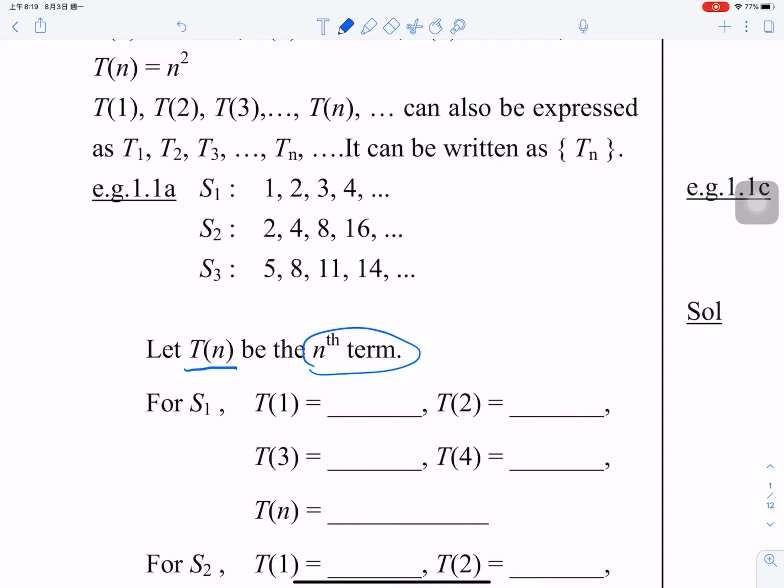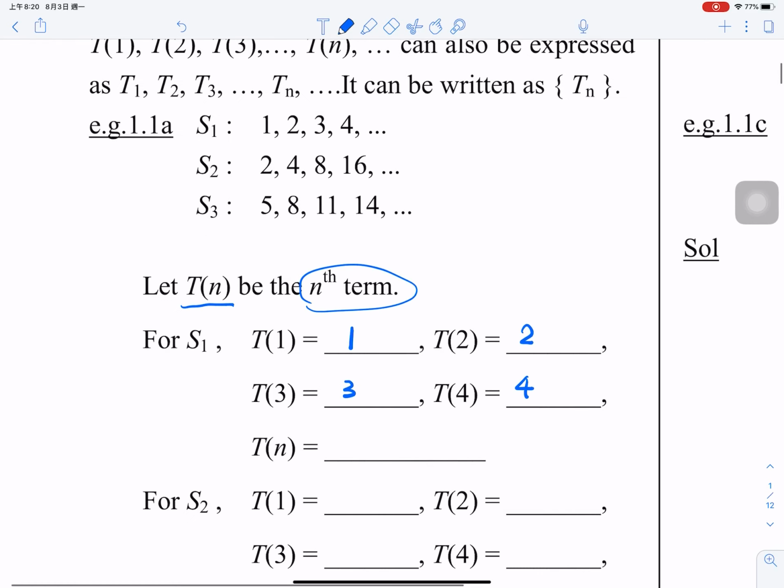So for S1, T1 equals 1, T2 equals 2, T3 equals 3, T4 equals 4. So what is Tn? Correct, it's easy. Tn equals n.